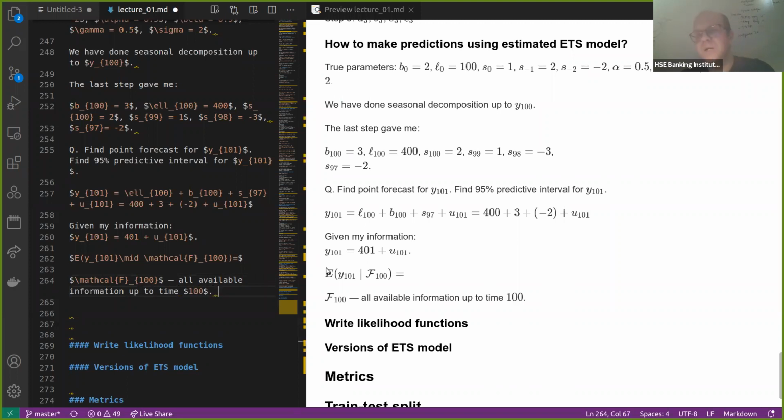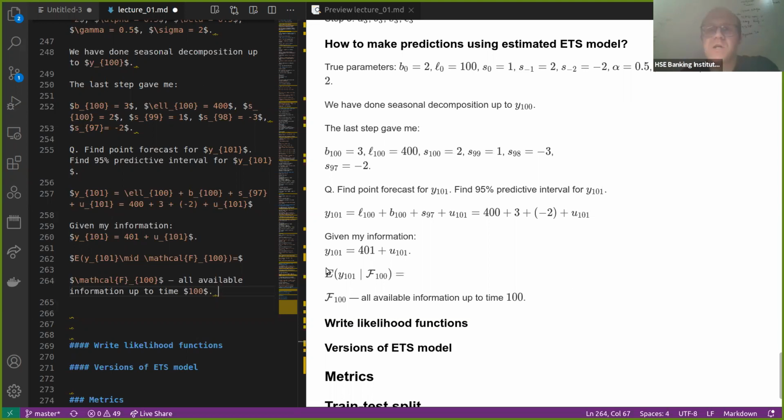From a rigorous mathematical viewpoint, this knowledge is described by sigma algebra, but we will not go into details. It's basically a mathematical object to describe information. Maybe you have studied such a thing in a bachelor course of probability, maybe not, but we will not go into details. Just intuitively, when we need to calculate expected value of Y given all available information, we just plug in all we know. And that's all.